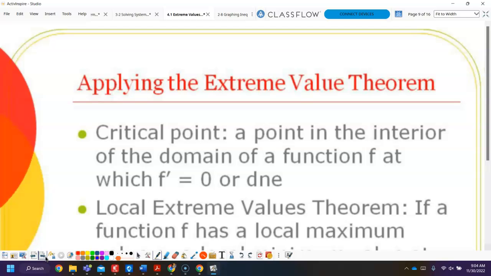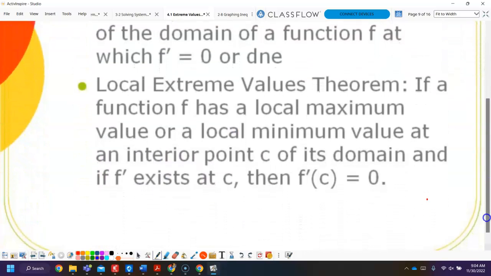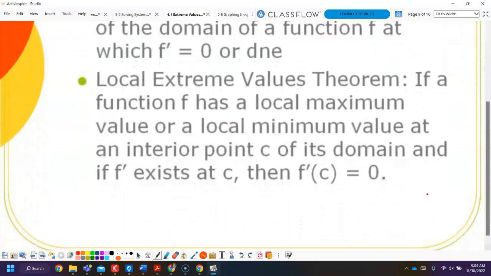The extreme value theorem allows us to find the absolute critical points, but it also gives us the locals. Tomorrow, we're going to talk about something called the candidates test. The candidates test is a way of taking all the critical points and putting them into a table to determine which is the absolute and which is a local.